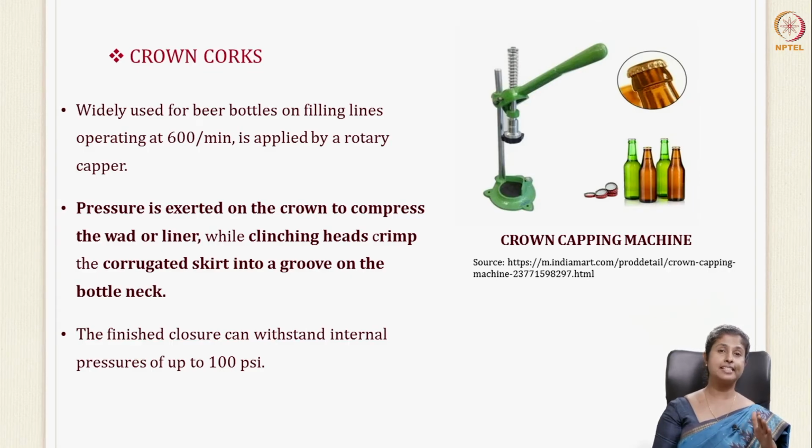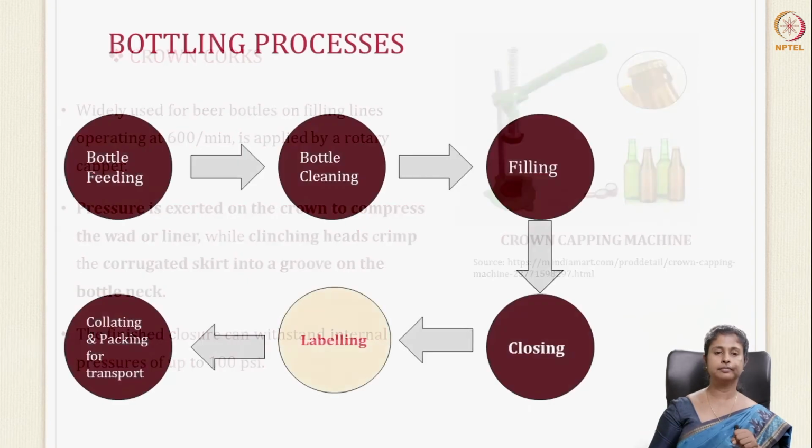Here pressure is exerted on the crown and that pushes the wad or the liner into the top portion of the bottle. And then there is a clinching head which will crimp it, and the corrugated skirt is pushed into the groove of the bottle. Corrugated skirt is what you see on these caps. That is why it's called a crown cork. This kind of crown cork can withstand internal pressure of up to 100 psi.